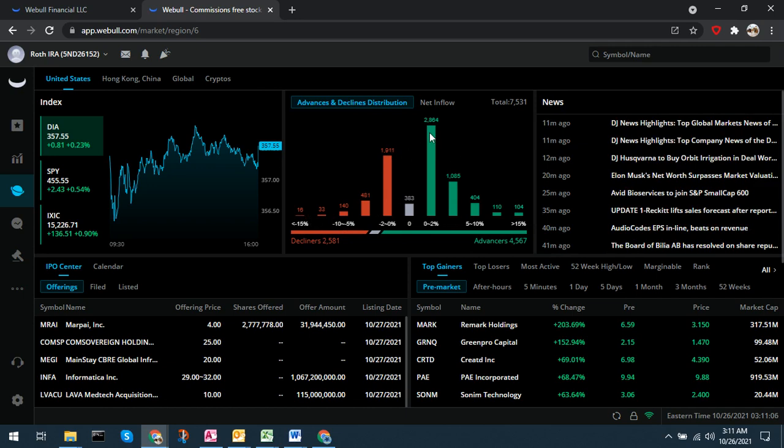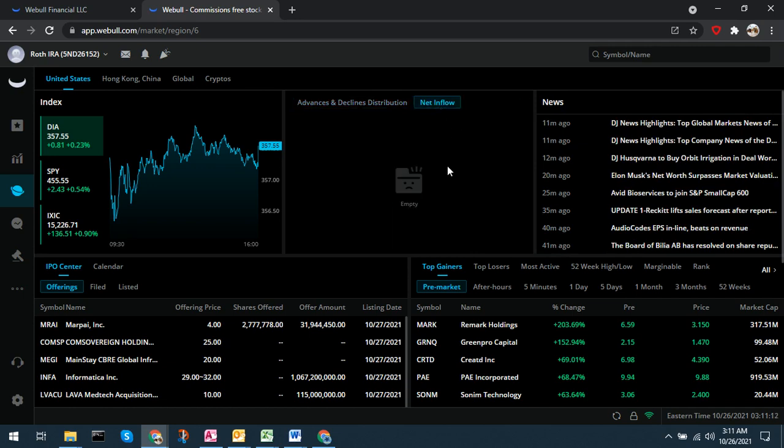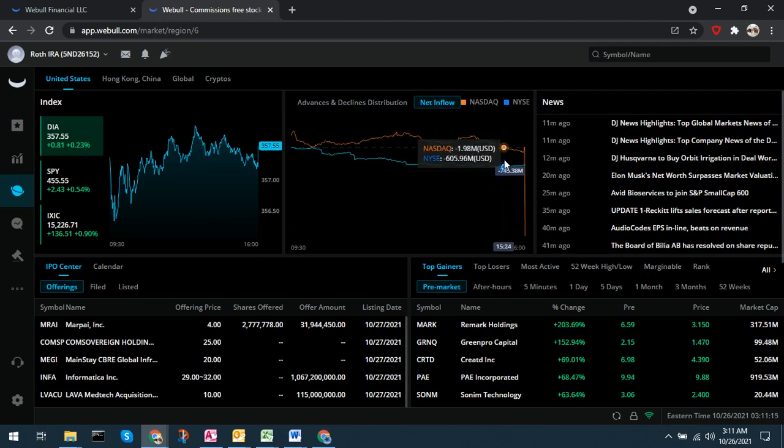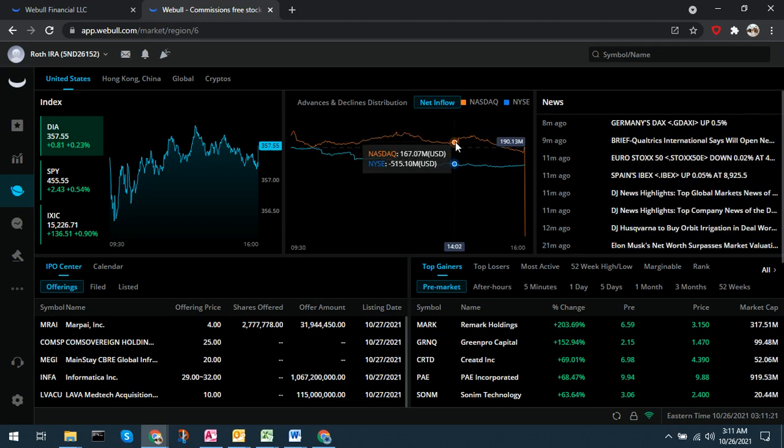This pane, the advancers and decliners distribution, also shows the net inflow for just the NASDAQ and New York Stock Exchange. So the NASDAQ is in orange, and we can see throughout the day where is the money inflow into the NASDAQ.